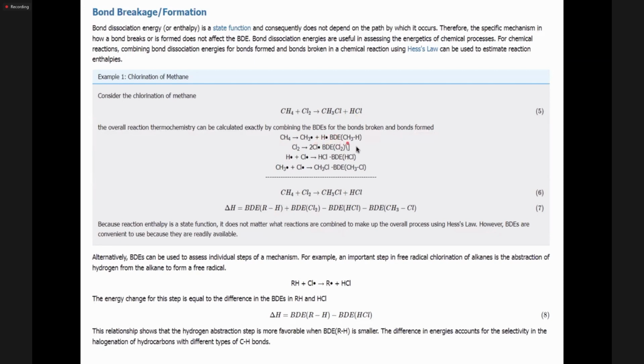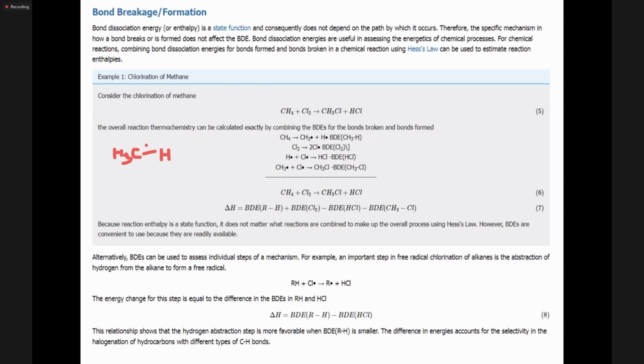So that is actually the BDE of the CH3-H bond. So we have CH3 and we have a bonded H. This is the bond we have in methane, that is in CH4.